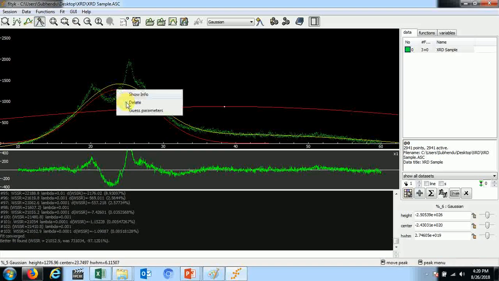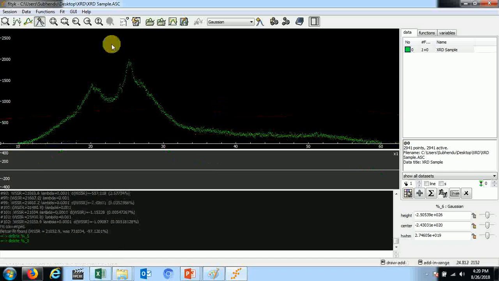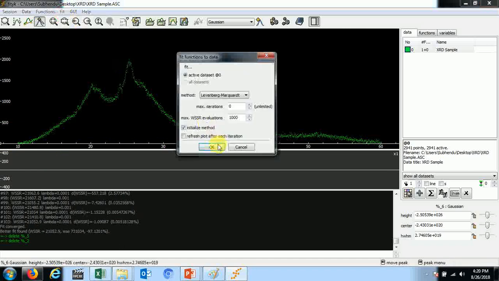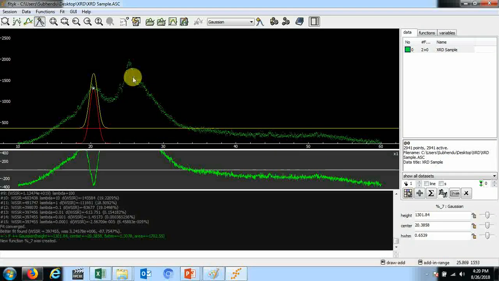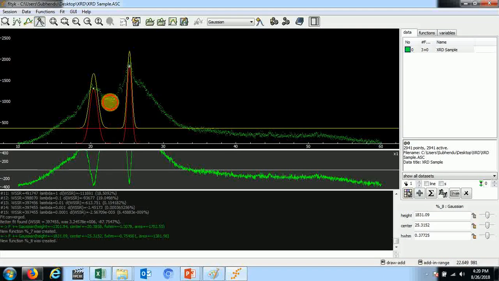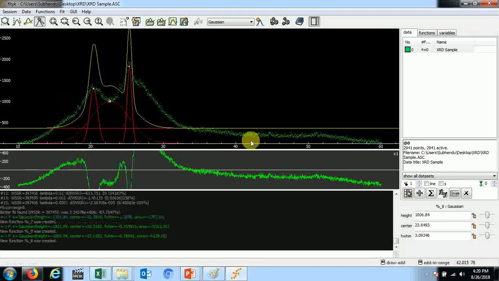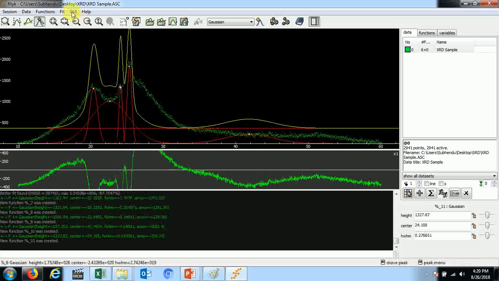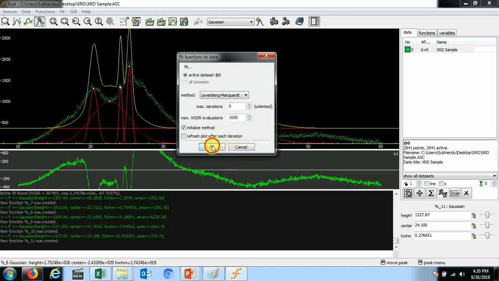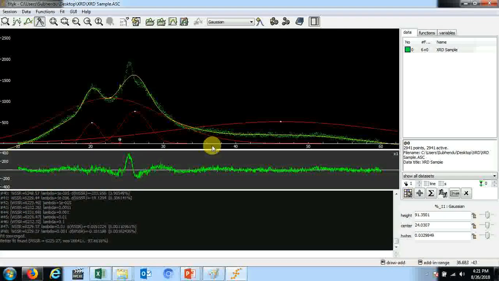Okay, let me delete the peaks. Once again, I have to include those peaks. Still one more peak is left.